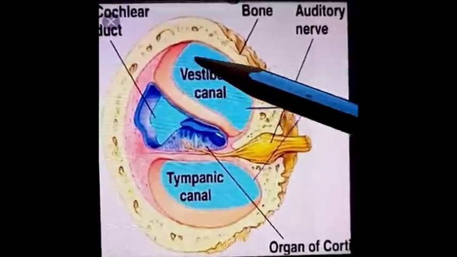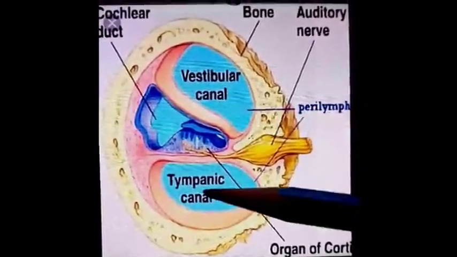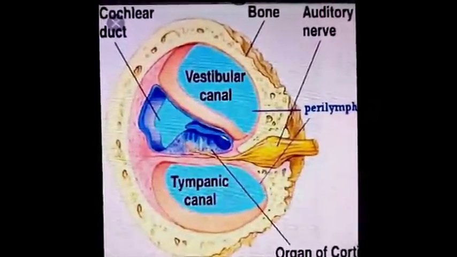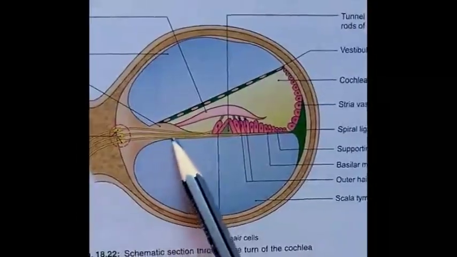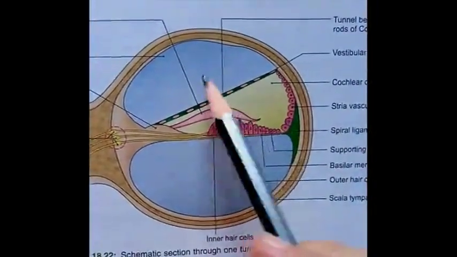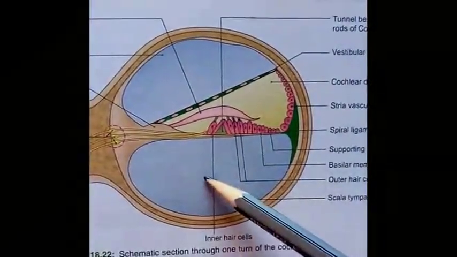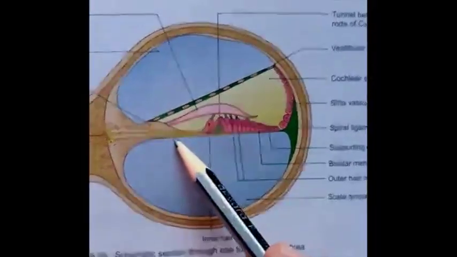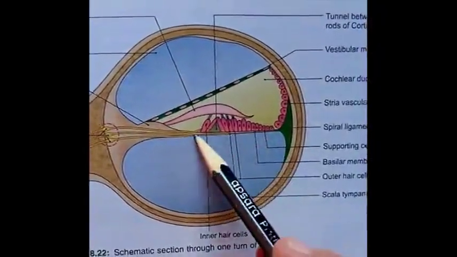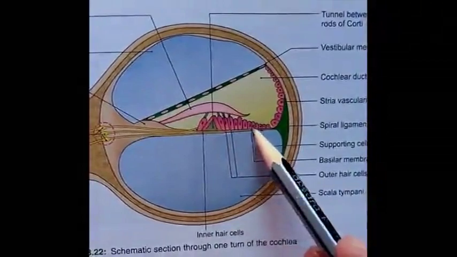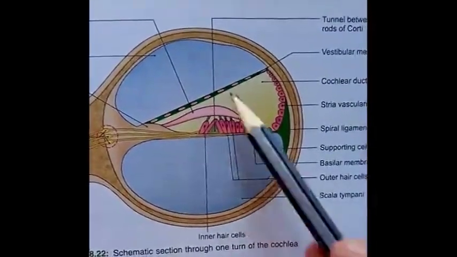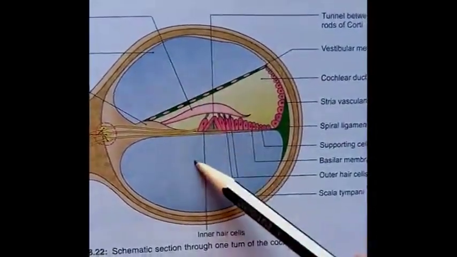One is known as scala vestibuli or vestibular canal, and another is known as scala tympani or tympanic canal. The spiral bony ridge is an incomplete partition between these two canals, but this partition is completed by a membrane known as the basilar membrane. So this helps to completely separate the scala vestibuli from the scala tympani.